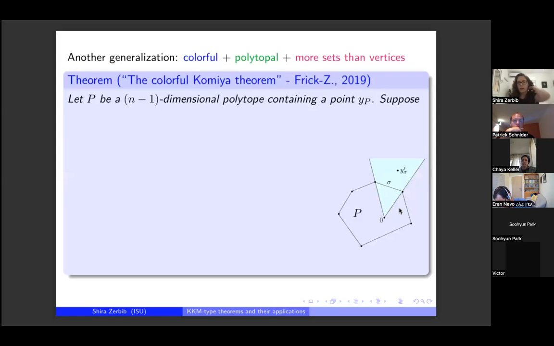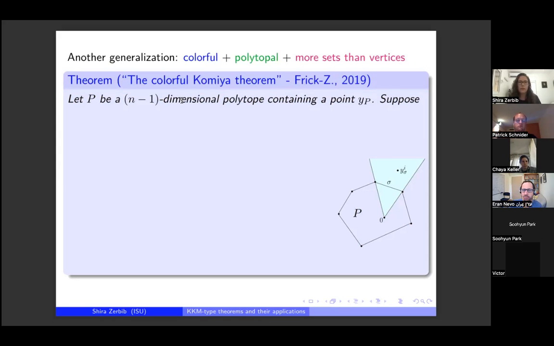All right. So what we proved with Florian is a colorful version of this Komiya theorem, the same as the colorful KKM is a colorful version of KKM. So let me state this theorem.